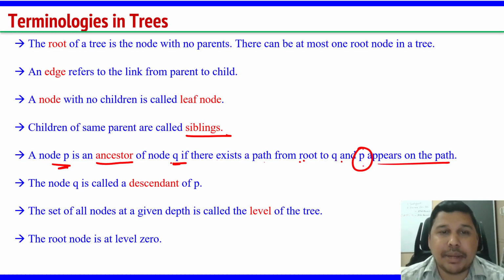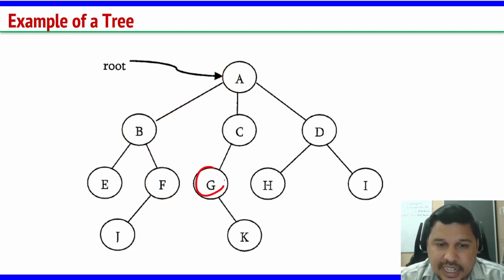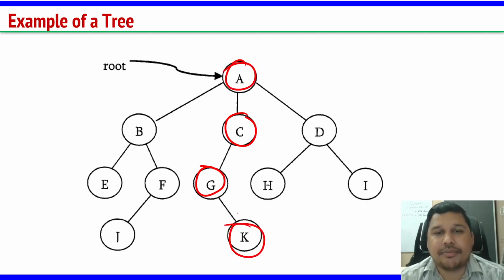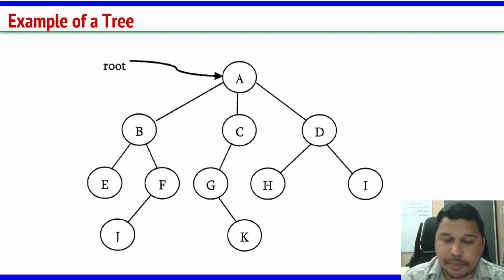In this example, G, C, and A are ancestors of K. K is the child of G, G is the child of C, C is the child of A. So these three are the ancestors of K, the total paternity pipeline.